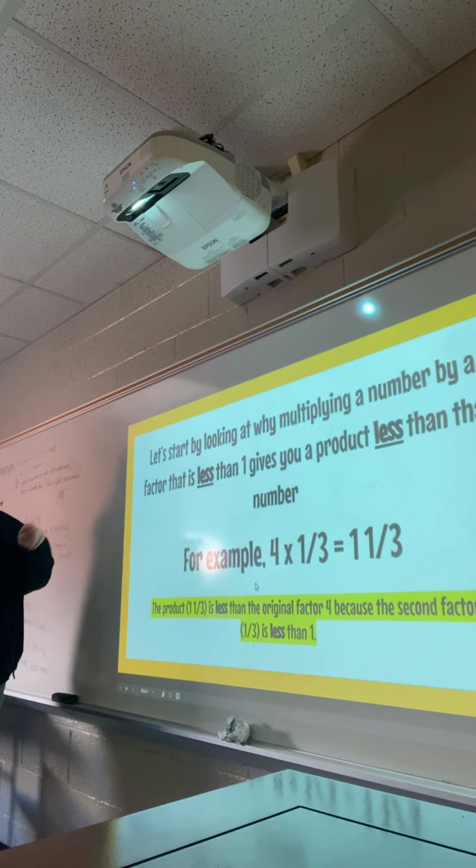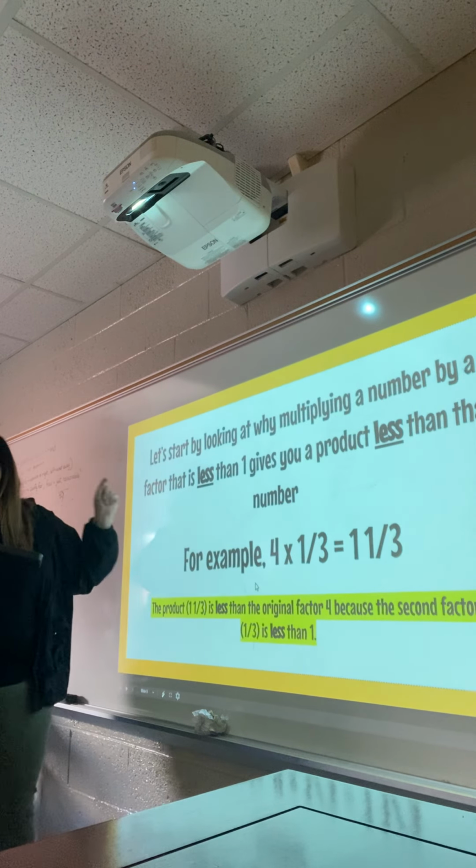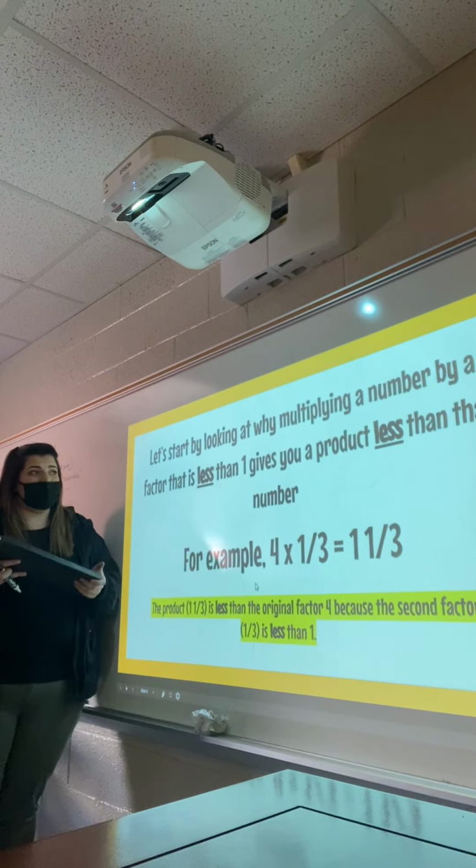Yes. You get a product less than that number, that original factor. So the product 1 1/3 is less than the original factor 4 because the second factor 1/3 is less than 1. All right, so let's look at some more examples.